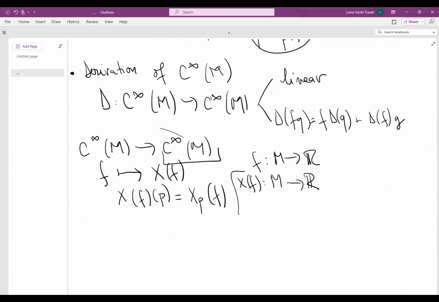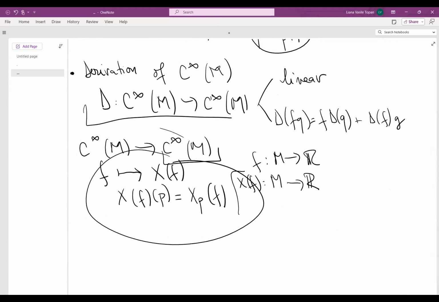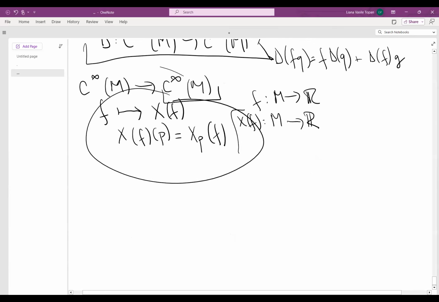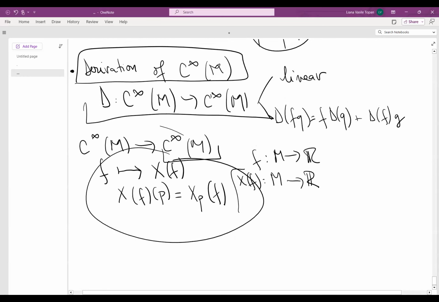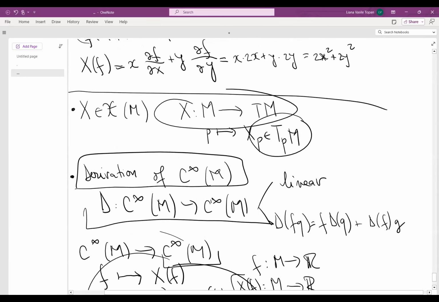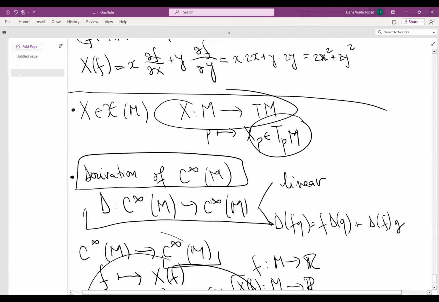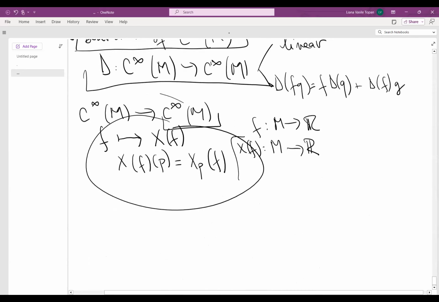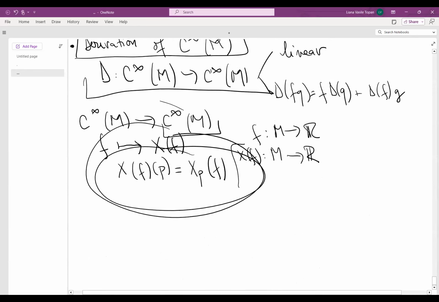So we can prove that this map defined like this is indeed a derivation of the algebra of smooth functions defined on M, right? That's a simple computation. And then you see we went from a vector field, and via the vector field we defined the derivation of the algebra of functions.